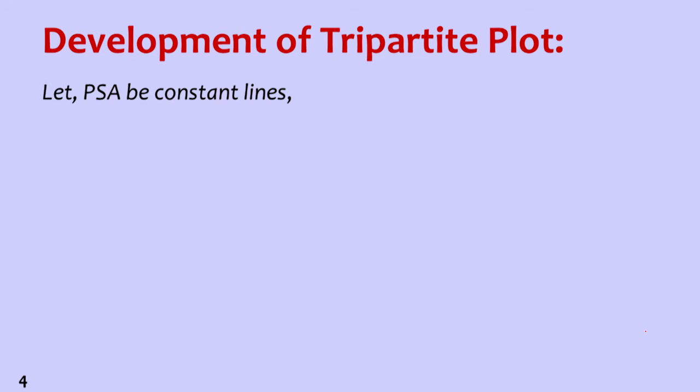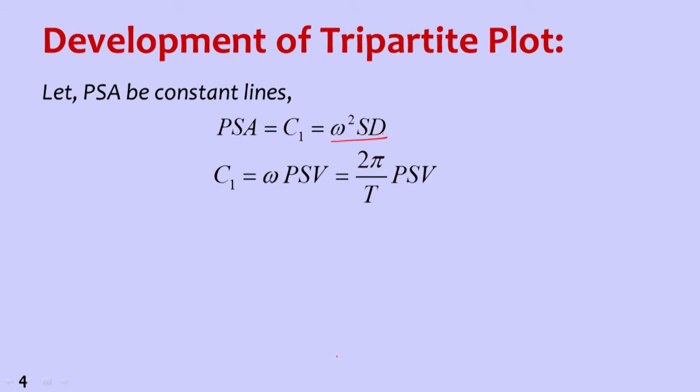So we plot that. Then let's look at PSA as a constant line. Let pseudo spectral acceleration be a constant C1, equal to PSA, equal to omega square SD. We write this in a slightly different form: omega square SD can be written as omega into omega SD. We already know that omega SD is PSV.